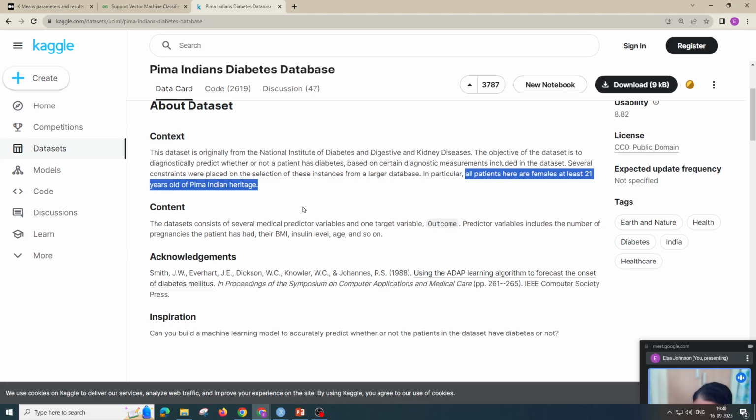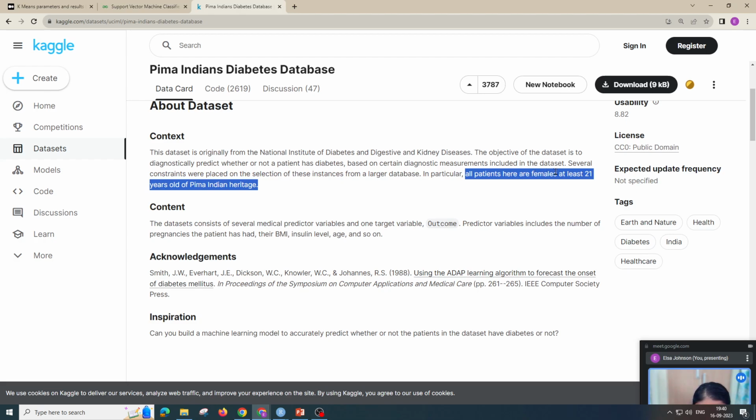So that relation is there, and this data set is also used for finding out whether a person has GDM or not. That is why that particular feature has been included.